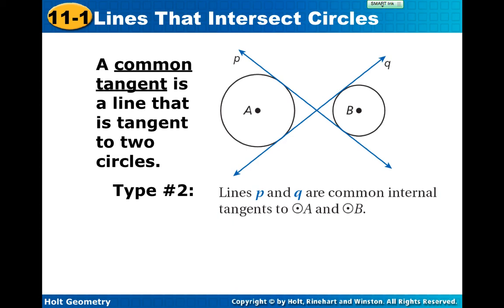Now I want you to see, can you draw any lines on that picture that are tangent to both circles? There might be more than one. A line that's tangent to both circles.